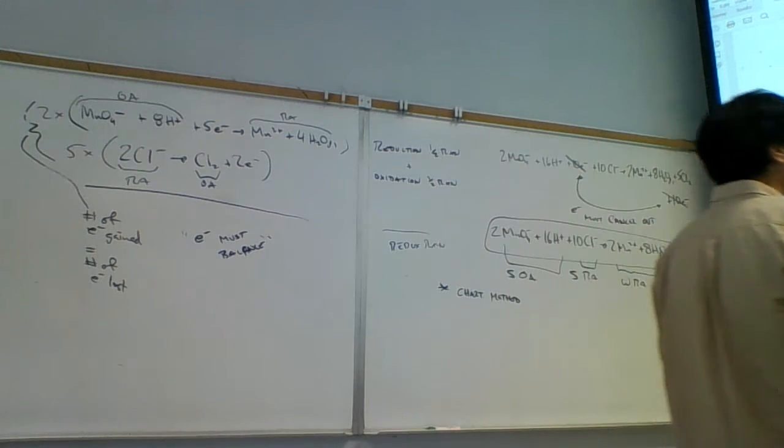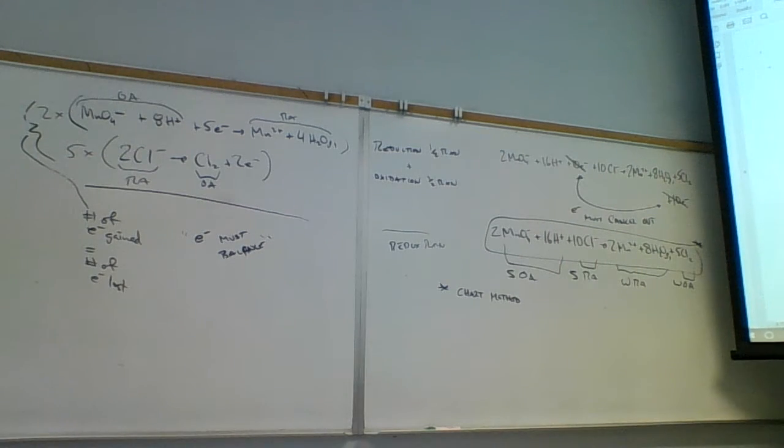Yeah, water is a stronger reducing agent. And so, if there are two reducing agents present, which one's more likely to react? The water, which is the stronger, or the weaker, the chloride, which is more stable? Water.